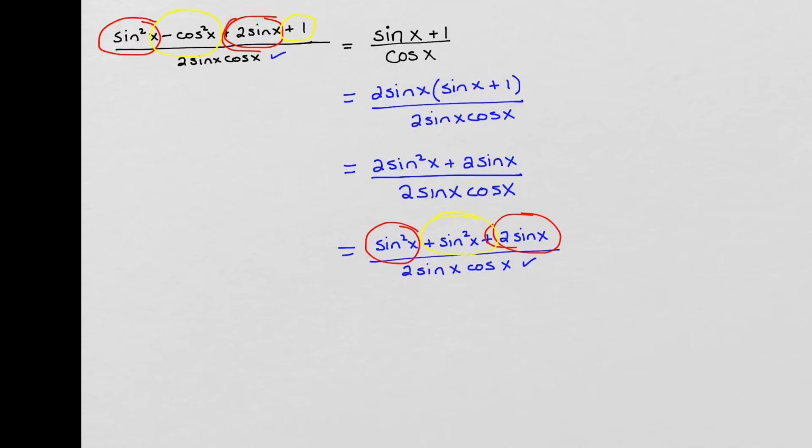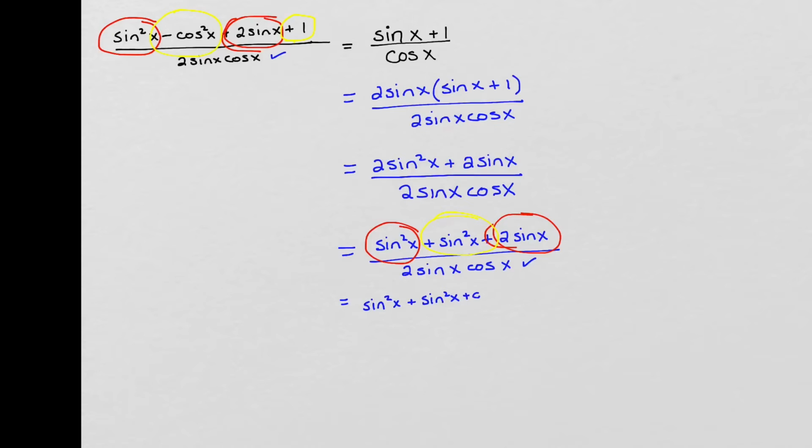So what I'll do here is take that middle sine squared x, and I'm going to add a cosine squared x to it. Now let's see how that's going to be helpful. So I've got sine squared x, and that is just going to stay as it is, plus another sine squared x, and that one is going to be changing.